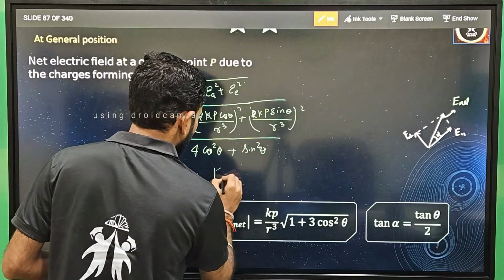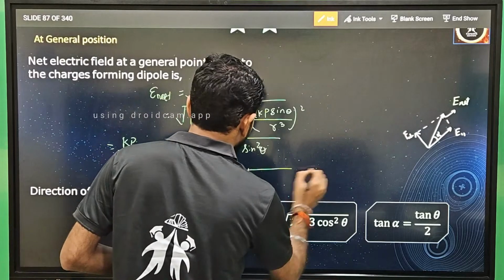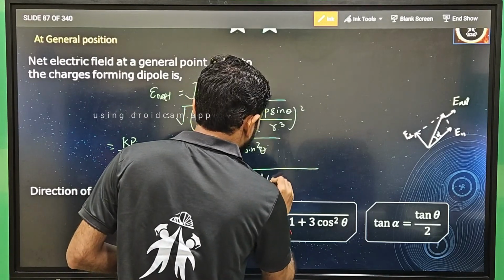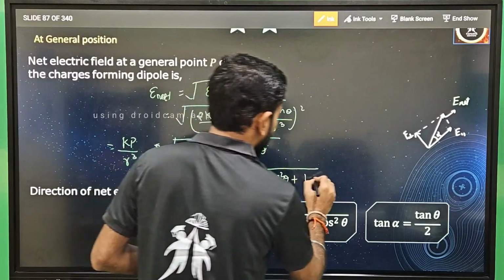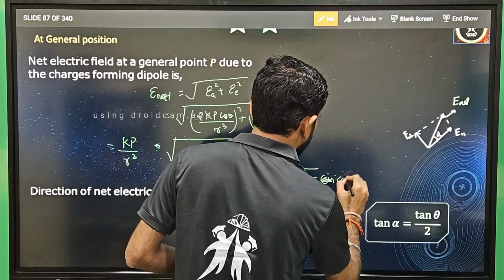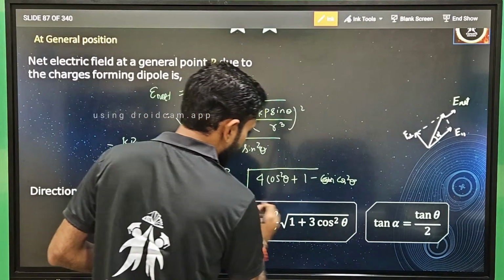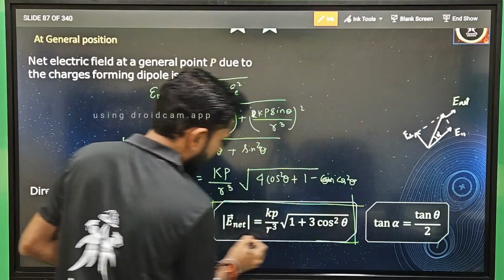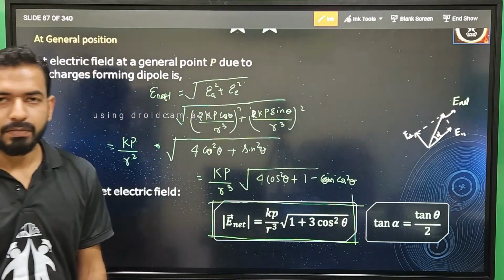Finally it will be written as kp divided by r cube, root under 4 cos square theta plus 1 minus cos square theta. That means eventually the result, which you have to remember, is kp divided by r cube, root under 1 plus 3 cos square theta.